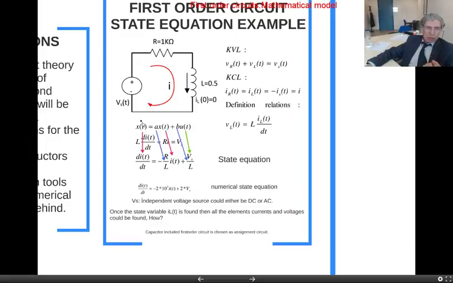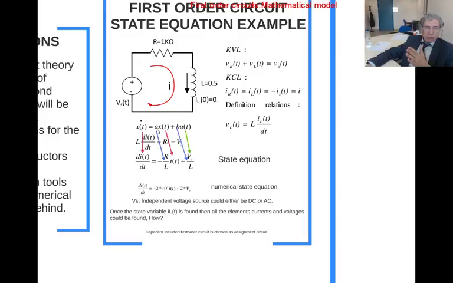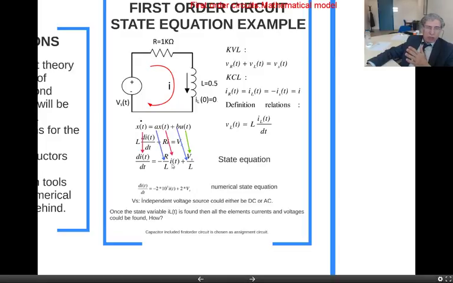The unknown's derivative, the unknown is iLT, which is iT in this case. So that is the derivative of it, left-hand side. On the right-hand side, the coefficient of the unknown function, A, is minus R over L. As I said already, A includes the parameters that we see in the definition relation of the elements, so we have seen it now.